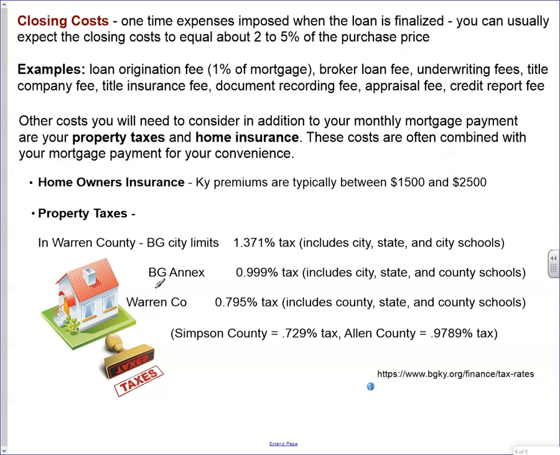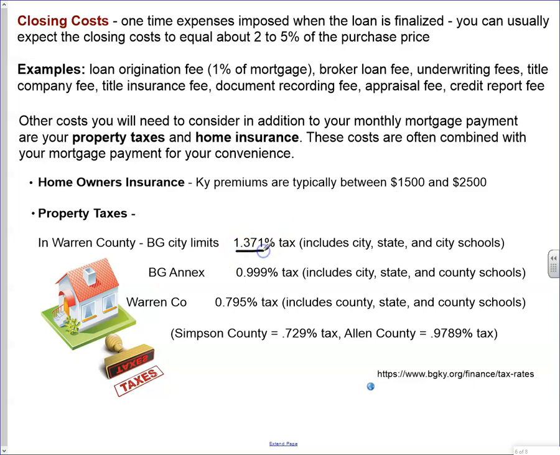Property taxes are going to change depending on where you live. So in Warren County, where I am and where probably a lot of you are, it depends on what part of Warren County you live in. If you live in the city, which means that you live inside the city limits and your kids go to city schools, then you have the highest tax.